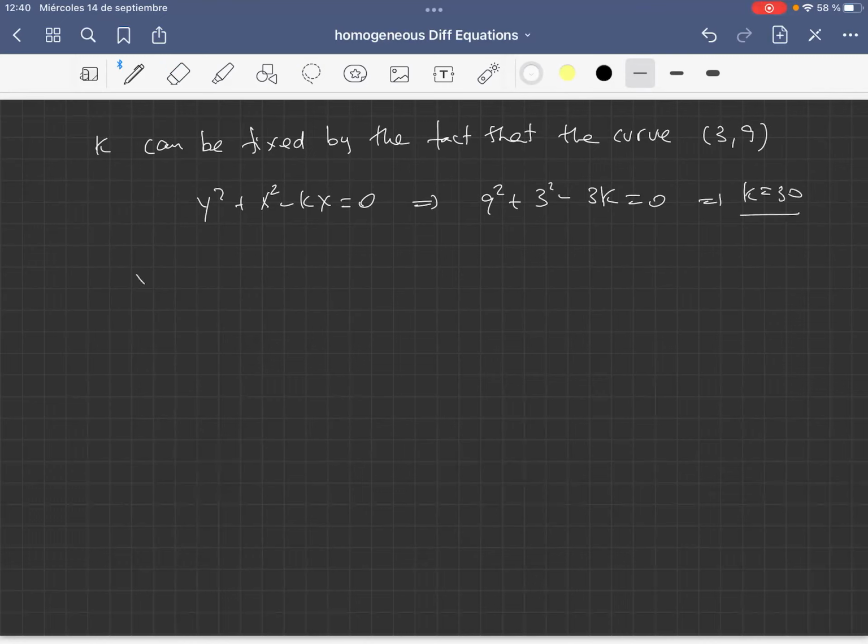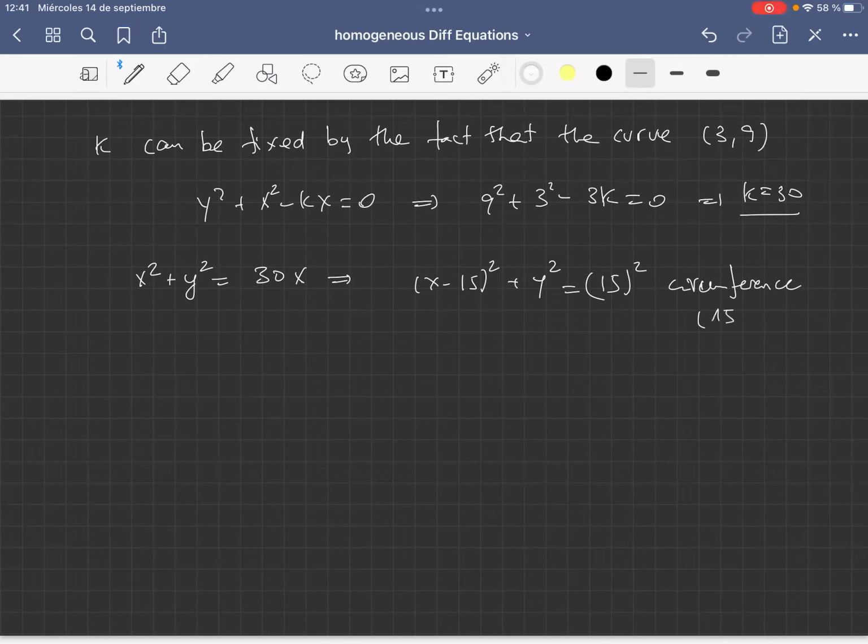So this means that our equation that we're looking for is this one, which can be rewritten in the following way. So basically, it's a circumference that has the center in 15, 0, and the radius 15.